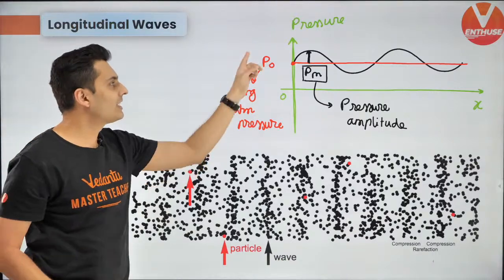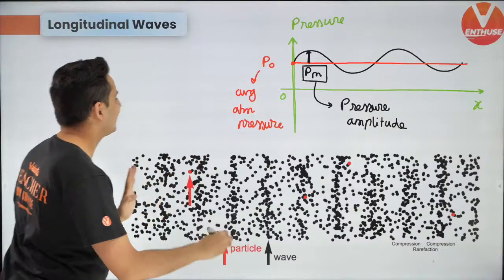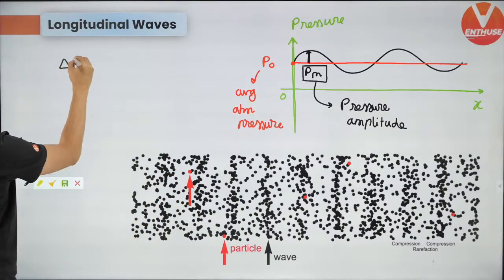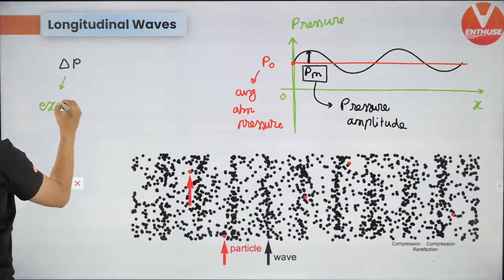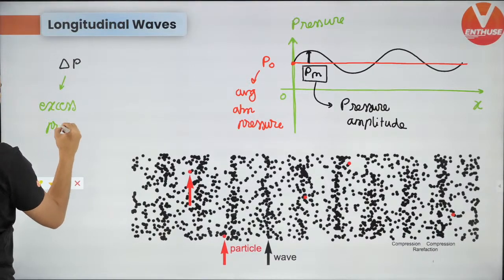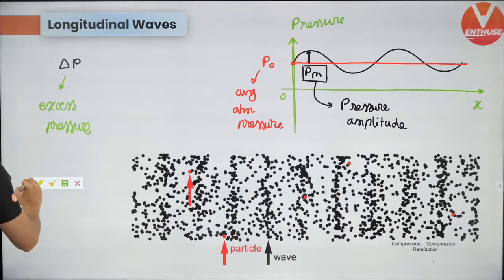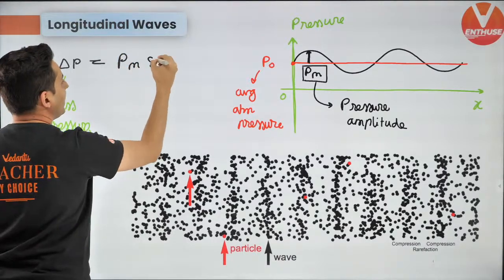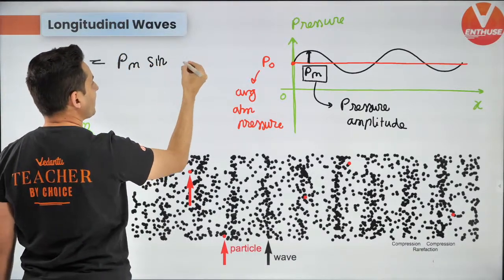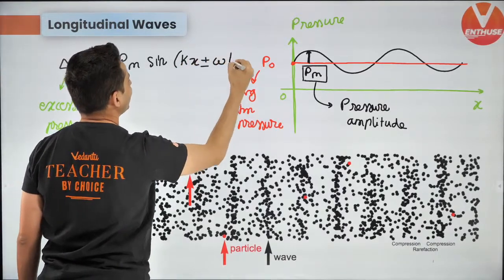That's what it is. And like you can see, the excess pressure at any point is going to be PM sine or cosine, doesn't matter, (kx plus minus omega t).